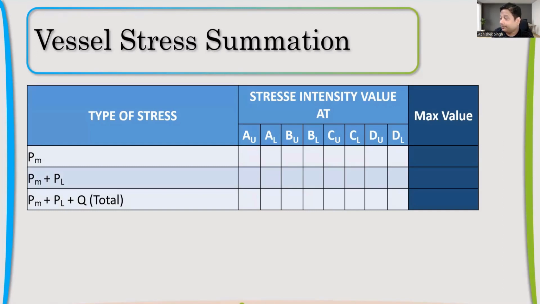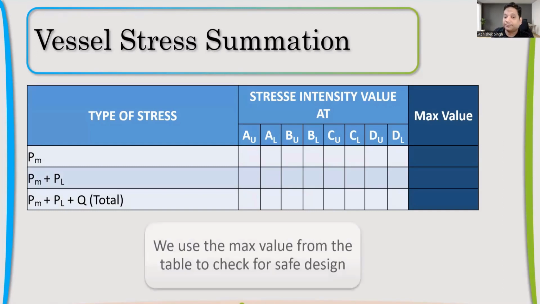So PM, the max value we'll take. PM plus PL, again, maximum of all the points, whatever we are getting, the maximum value we'll select. And the third one, PM plus PL plus Q. All three combined, what is the maximum value on all the points because of different loads, which we have calculated. We just take the maximum value.